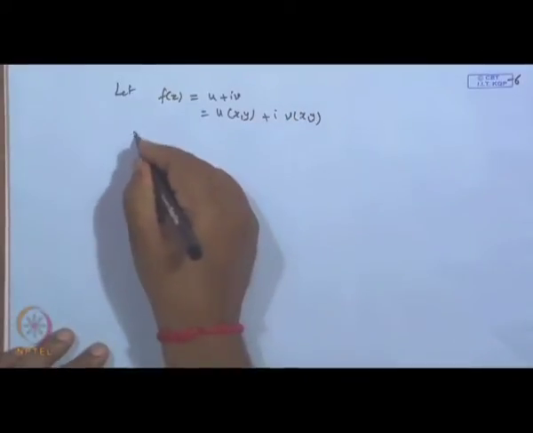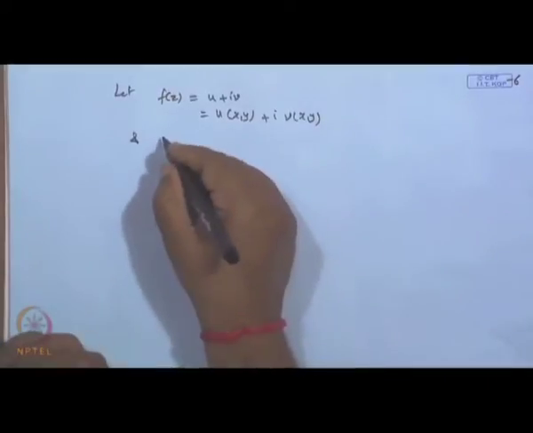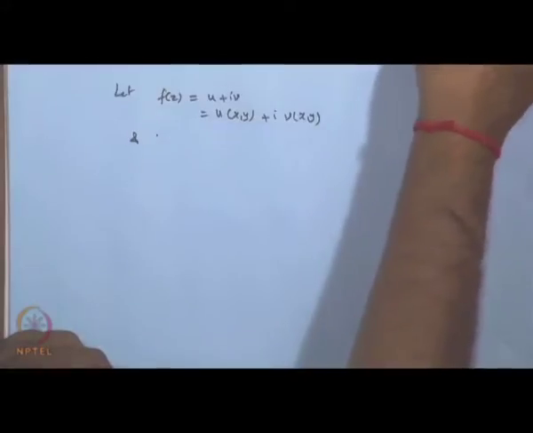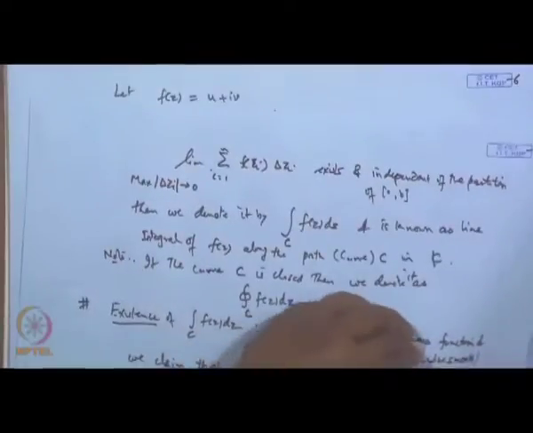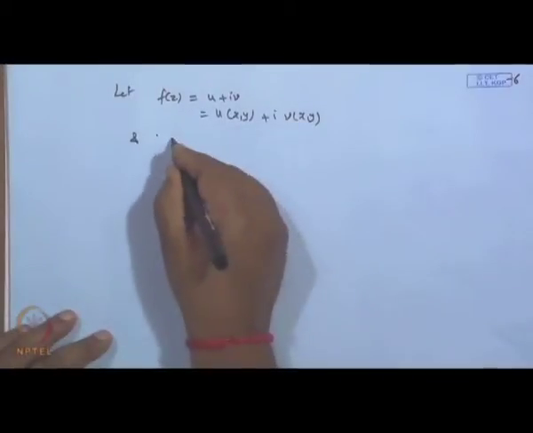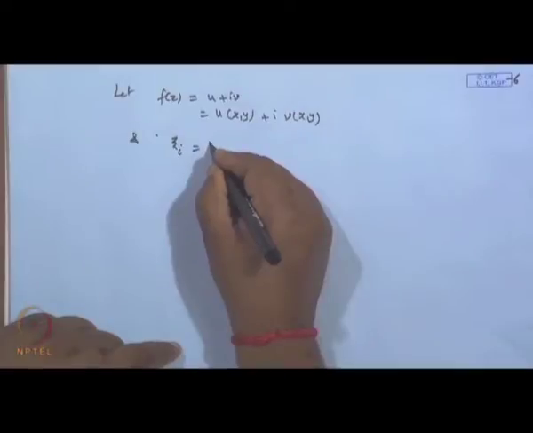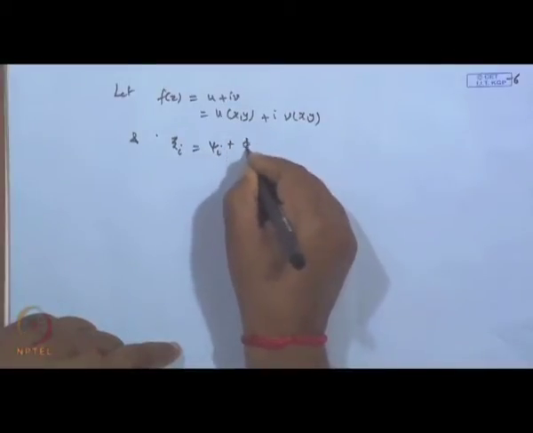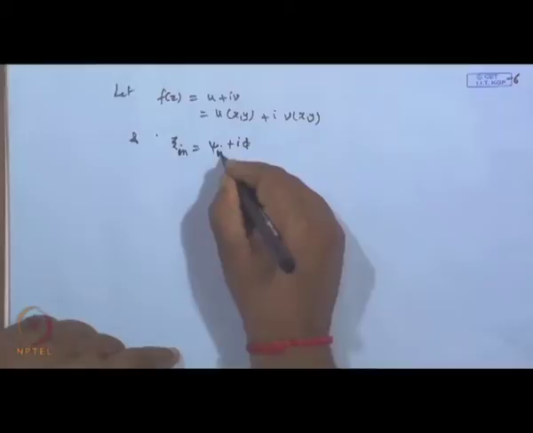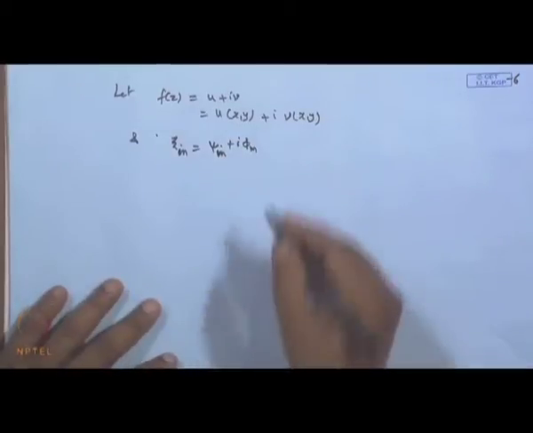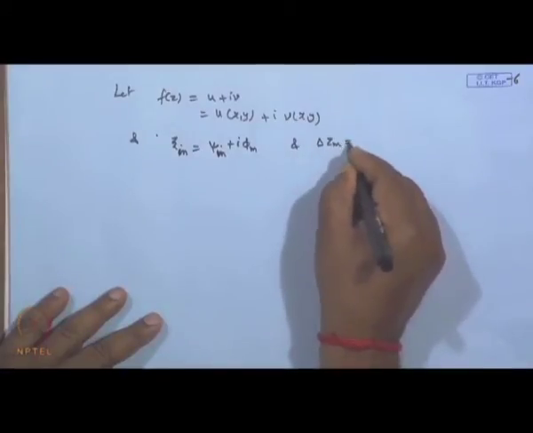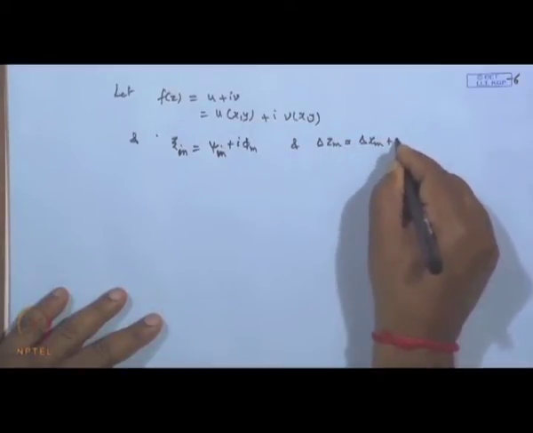And let us take the point we have chosen, xi_m, eta_m, so that the point is xi_m plus i eta_m, and delta z_m is delta x_m plus i times delta y_m.